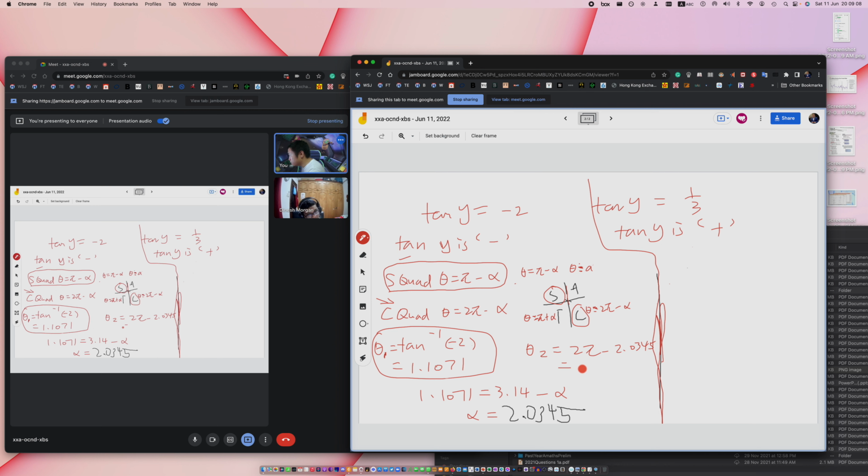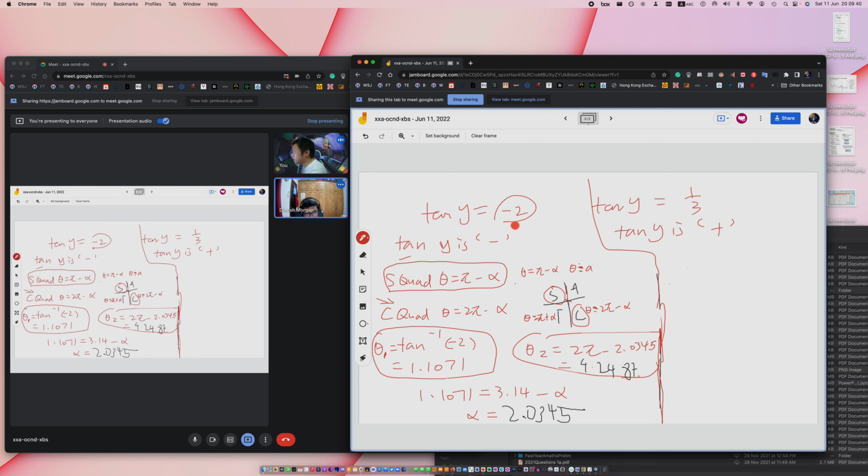So can you give me this value? 4.248. So let's not care about the range first. Later we get to reject, but at least we need to do it the right way first. Are you clear? Okay, good. So that's how you get the theta 1 and theta 2 out.